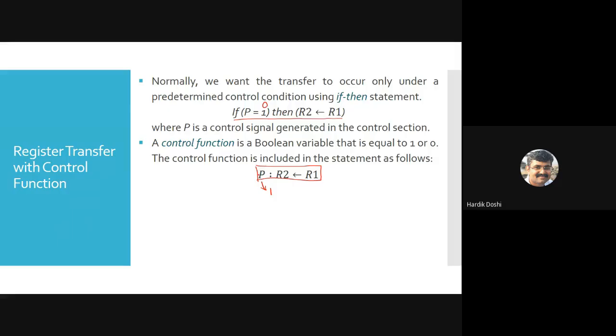But if the value of P is 0, then don't do this task. Repeating my point again, when the value of P is 1, at that time perform this transfer. But if the value is 0, then don't do this transfer. That's why it is termed a control function. Is it fine?